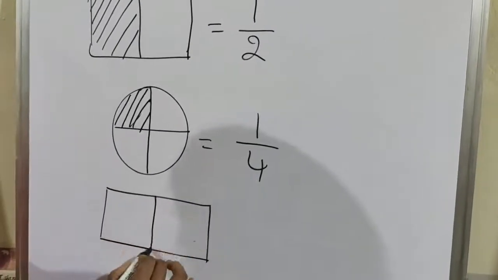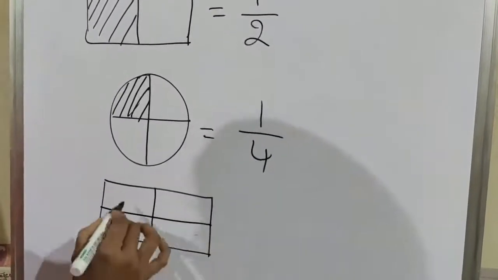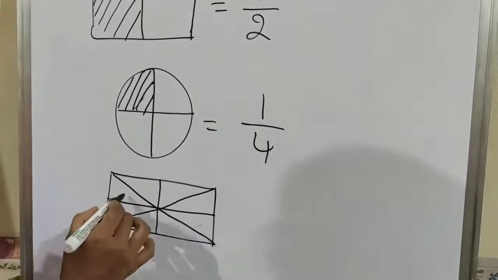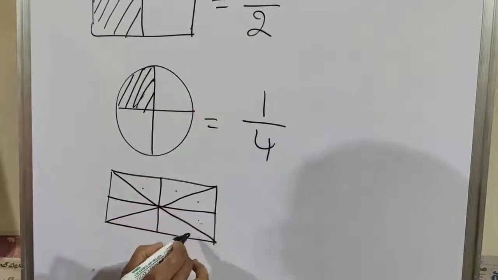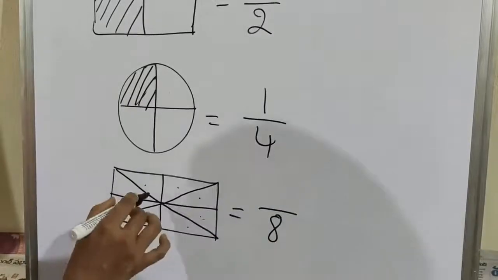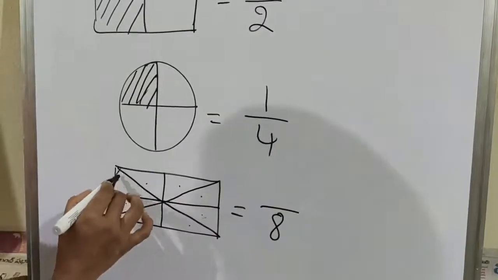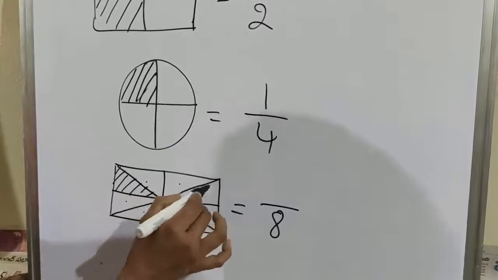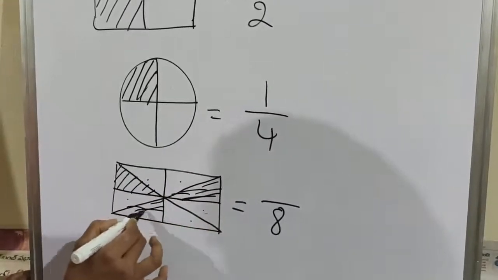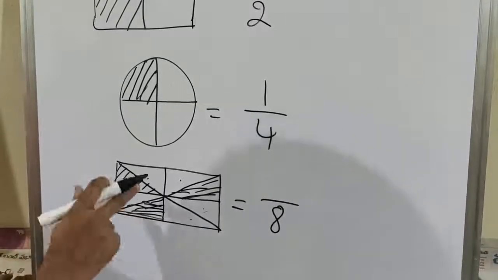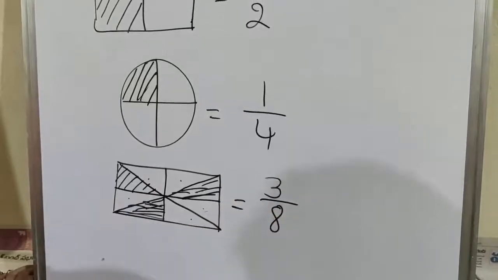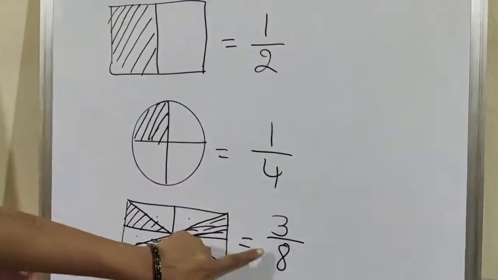This is a rectangle. The rectangle is divided into how many equal parts? 1, 2, 3, 4, 5, 6, 7, 8. 8 equal parts are divided. Now, how many parts are shaded? 1, 2, 3. 3 parts are shaded. 1 by 2, 1 by 4, 3 by 8.